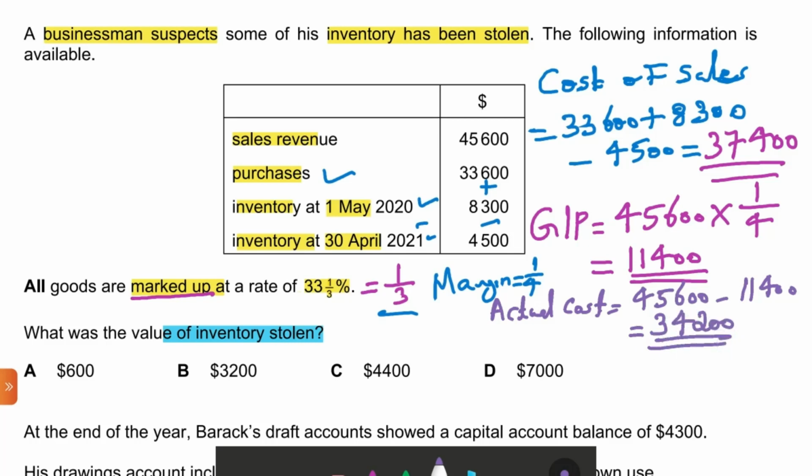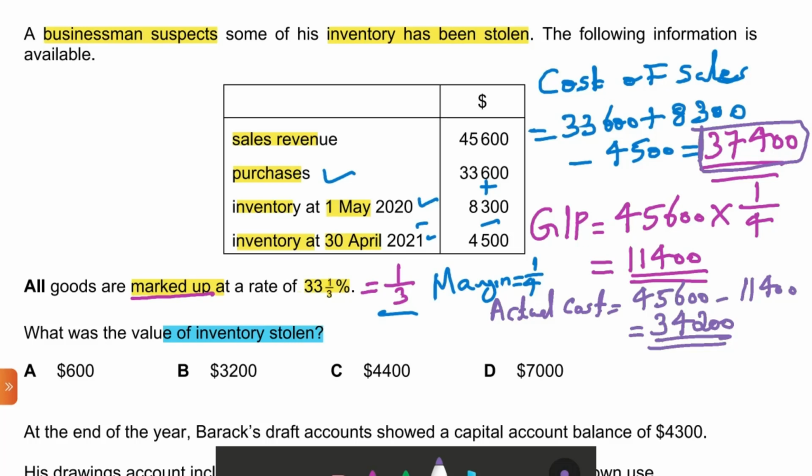But how much have we calculated? 37,400 is the cost of sales. But when we are calculating, it comes only 34,200. So there is a difference. That difference is our stolen goods.